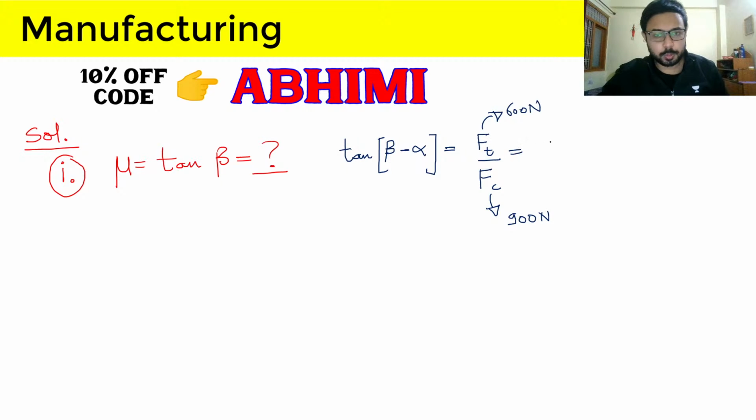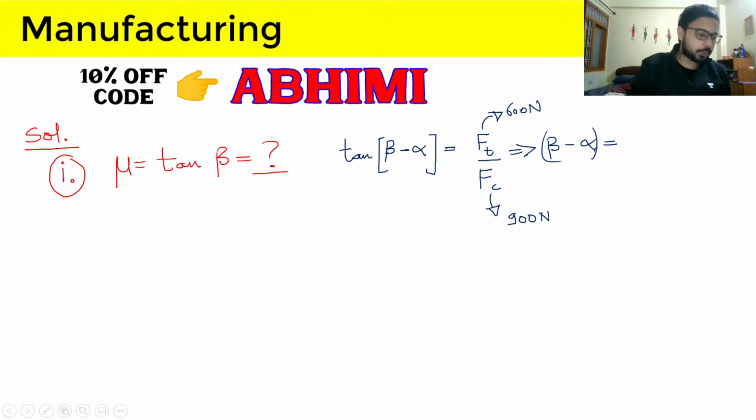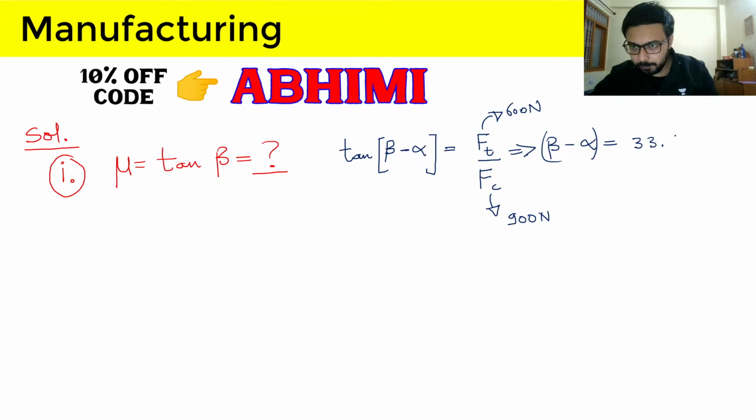The answer to this question will be obtained when we find beta first. So beta minus alpha is coming out as tan inverse of Ft divided by Fc. So 600 divided by 900, its tan inverse will be coming out as 33.69, and we will leave it like that only.